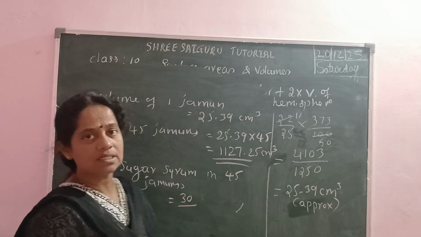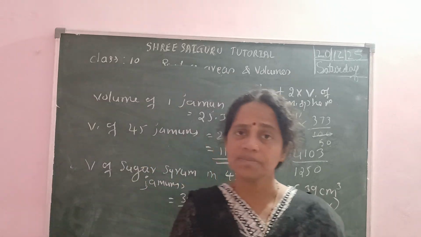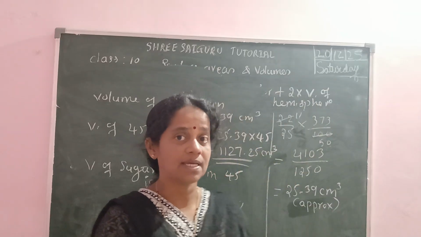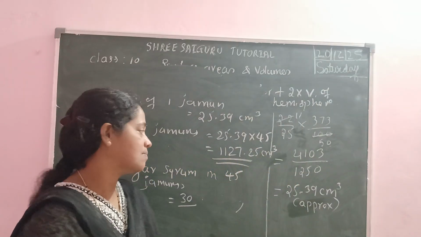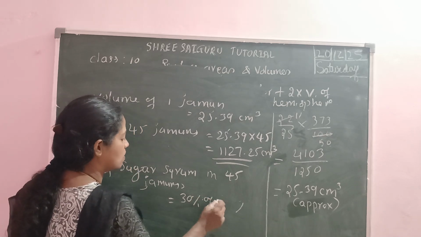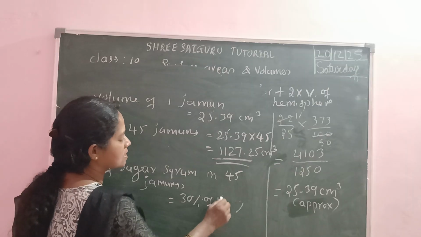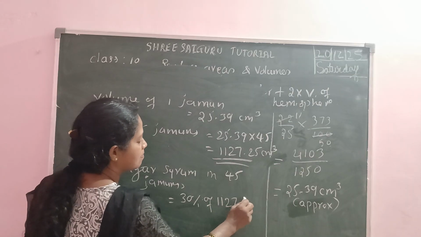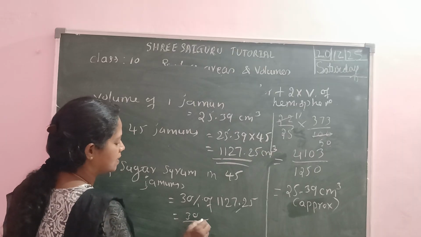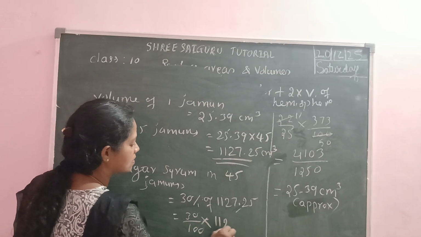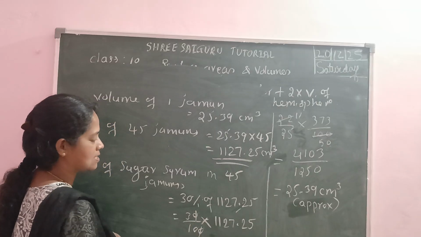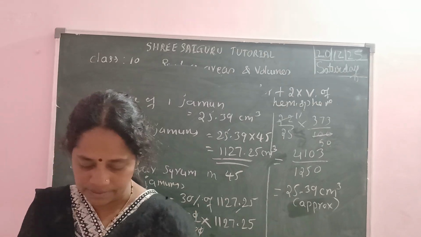It is given that the volume of the sugar syrup present in a jamun is 30% of the volume of the jamun. So 30% of the volume 1127.25 is 30 by 100 into 1127.25. Yes, here 10 and 10 cancel. Okay, final answer we should check here.